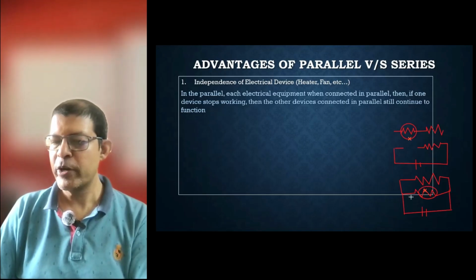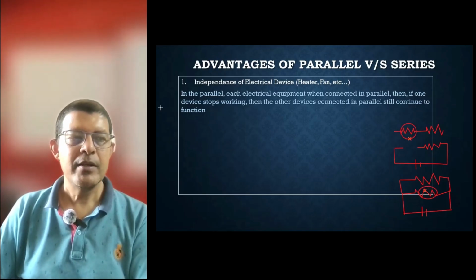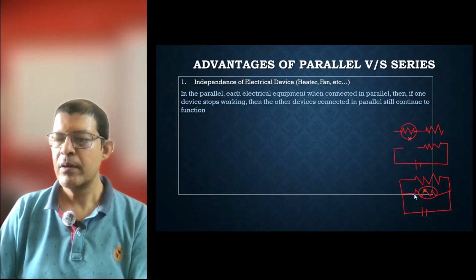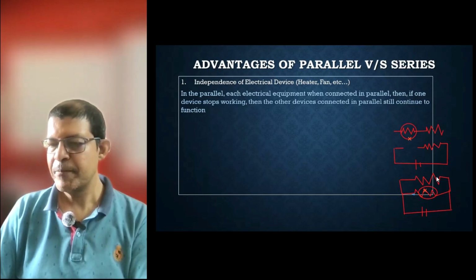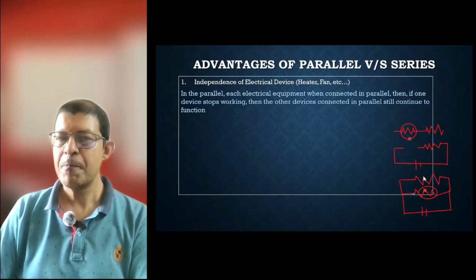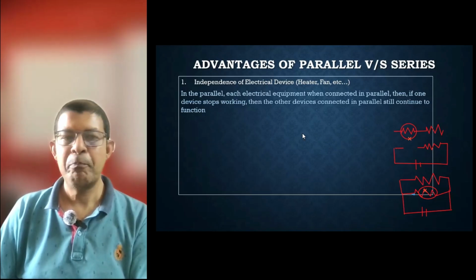In this circuit, there will be no current flowing. But still, the wires are joining, right? The circuit is still complete in the other device. So current will continue to flow in the top device. So that is the benefit of parallel connection.